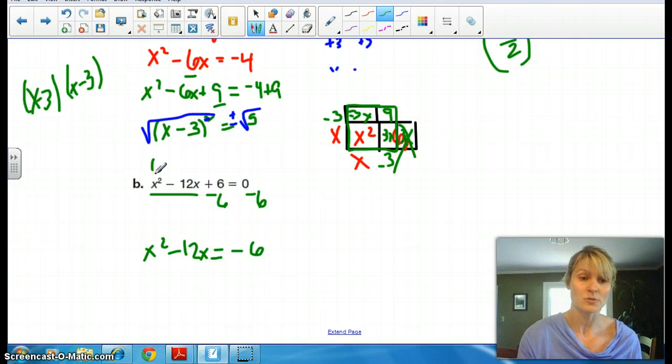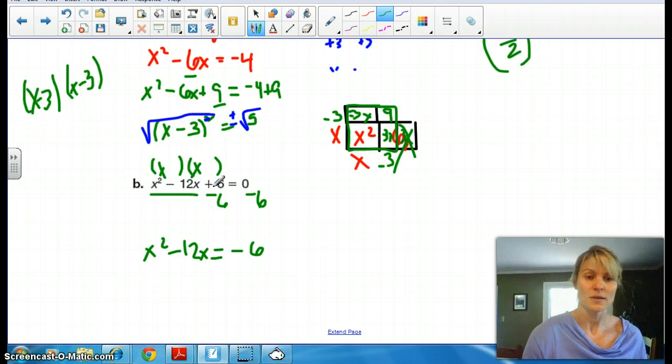If you think about it and try to figure out what we could put into 2 parentheses here, x and x, and then I try to think what multiplies to 6 and adds to 12. Well, the highest factors I have are 6 and 1, and that will add to 7, and we got 2 and 3, that's 5. So this is an unfactorable equation.